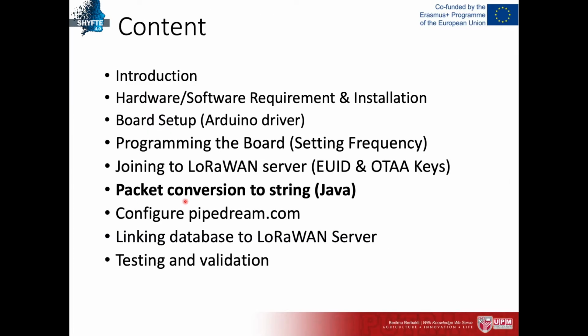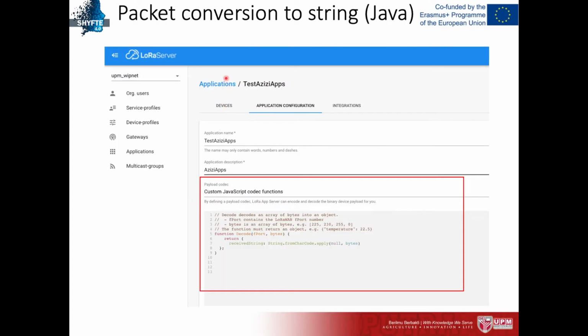In this slide, we will show an example of how to do a packet conversion to string using JavaScript. Although binary payloads are perfect for LoRaWAN applications, most web application programming interfaces, known as APIs, cannot understand this payload. Hence, a payload decoder is required. In a LoRaWAN network, a decoder is a JavaScript that recognizes the payload as a byte array and returns a decoded value object.